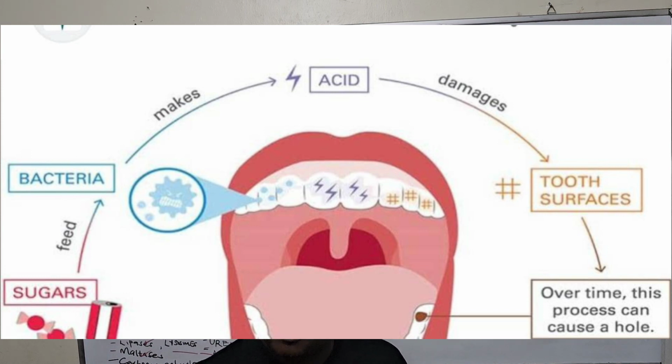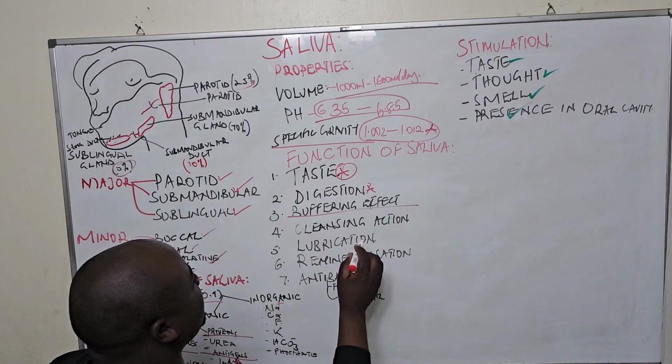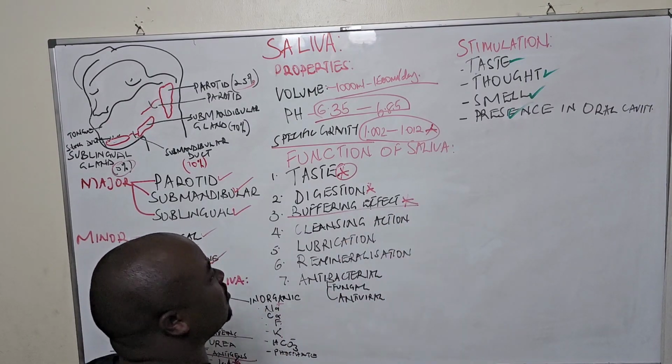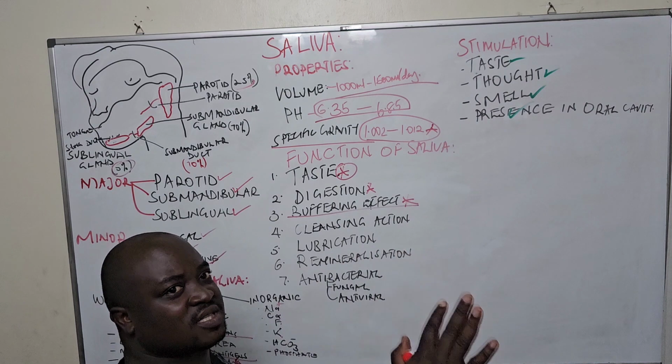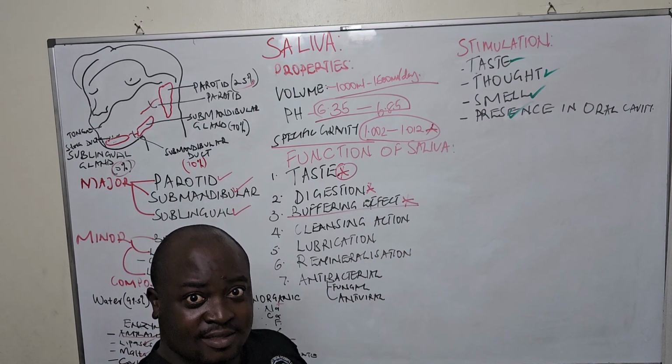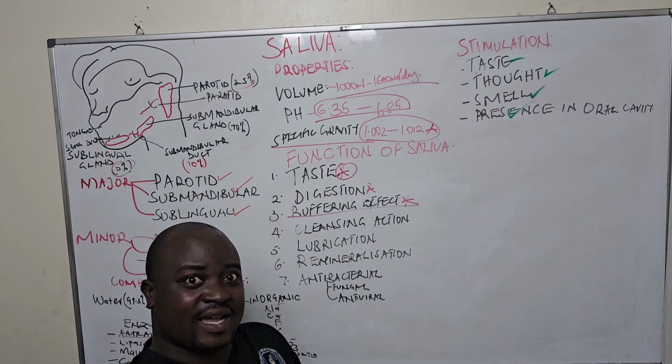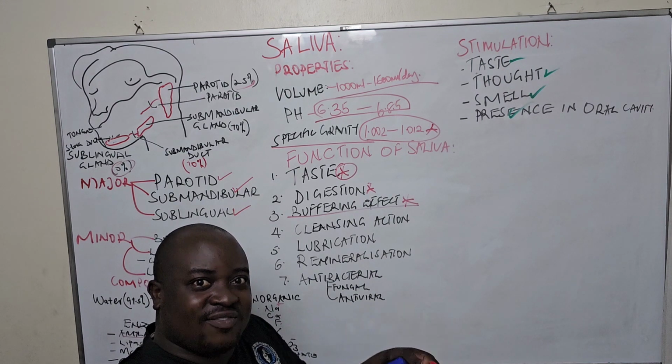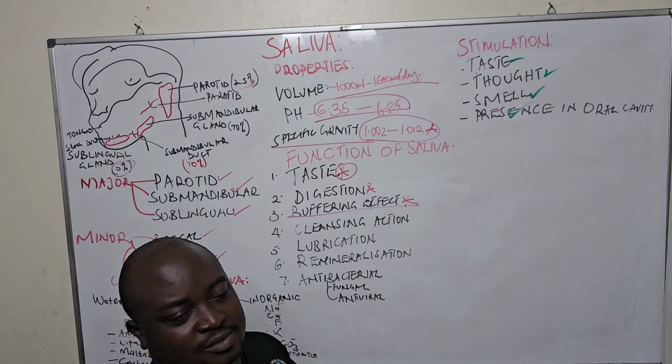So when we have saliva plenty in the oral cavity, saliva helps to dilute. By diluting the acid, it means it's now going to become harmless, and therefore we are saying a buffering what? Action. It dilutes the acid, and the oral cavity becomes less acidic or alkaline, and therefore harmless to the tooth.